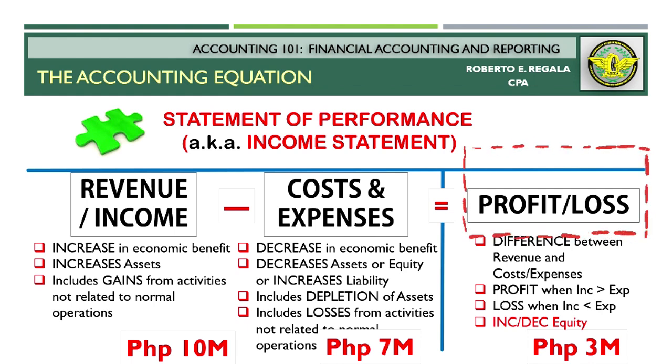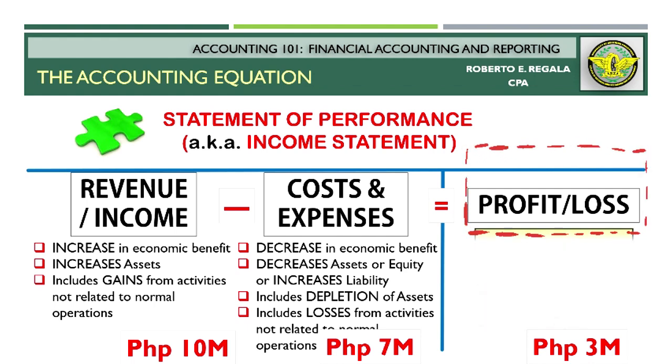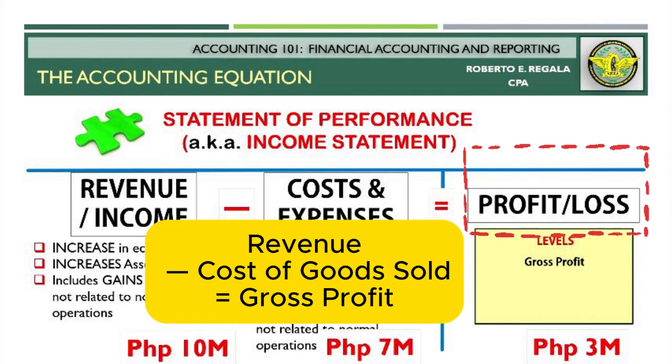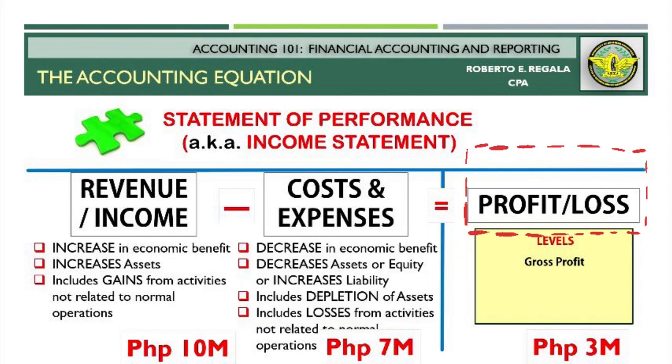Profit or loss can be assessed at different levels, providing insights into various aspects of the entity's financial performance. Gross profit measures the profit remaining after deducting the cost of goods sold or COGS from total revenue, reflecting the efficiency of production or service delivery.